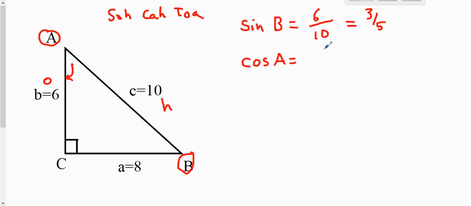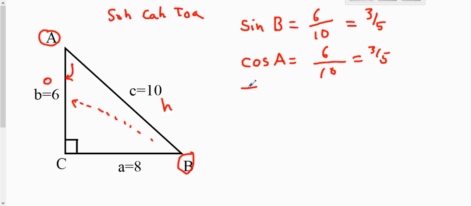So the adjacent side again is 6, and the hypotenuse is 10, which again also reduces down to 3/5. Notice the sine of B and the cosine of A are the same, and that's because the point of reference has changed. What's opposite of B is the adjacent of A.